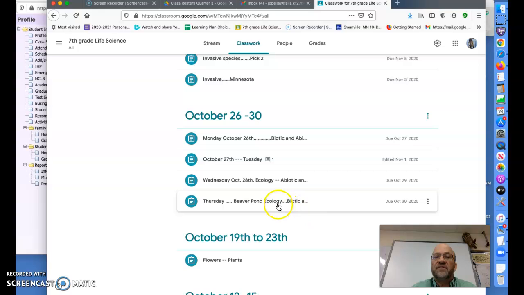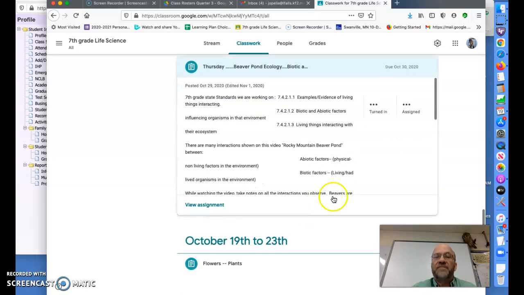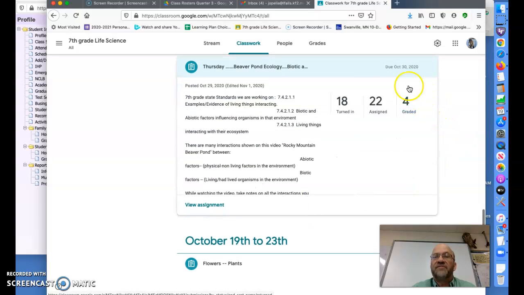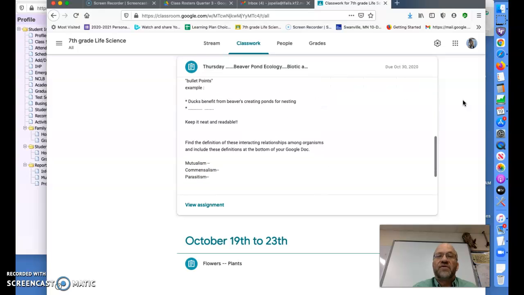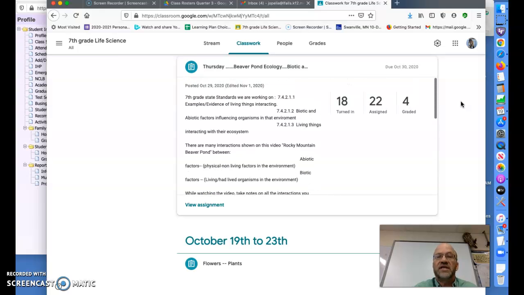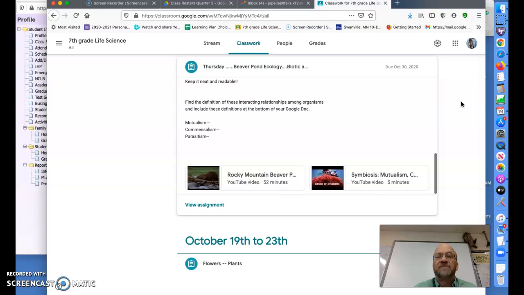This assignment, the Beaver Pond Ecology, okay, this needs to be done if you have not finished it. 22 of you have not touched it, okay? And so if you're not done with this, go back and get it done. Read through the instructions and do just like it says, okay?